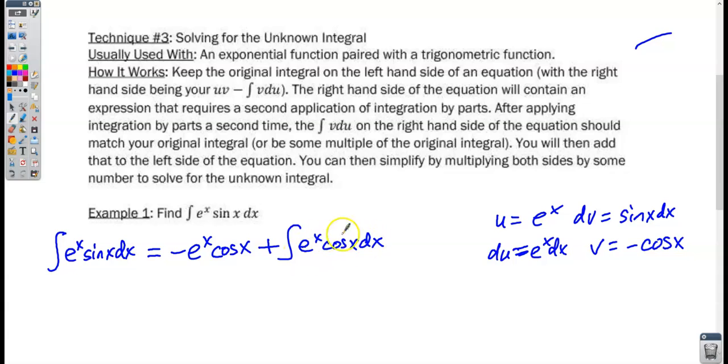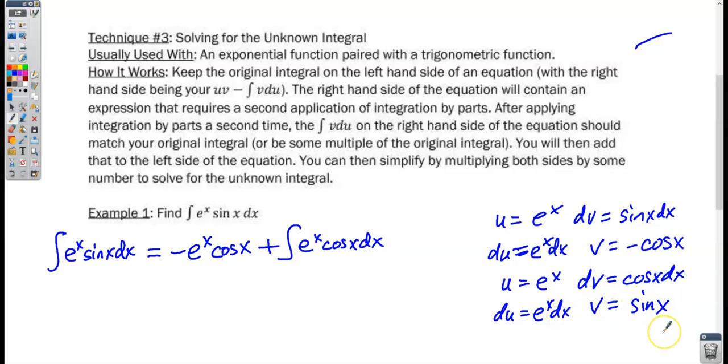Now, we still have an integral here that requires integration by parts. So we're going to apply integration by parts again to that integral. We've got u equals e to the x, dv equals cosine of x dx. So du is equal to e to the x dx, and v is equal to the sine of x. And so this turns into, still keeping my left-hand side of my equation, negative e to the x cosine of x plus u times v.